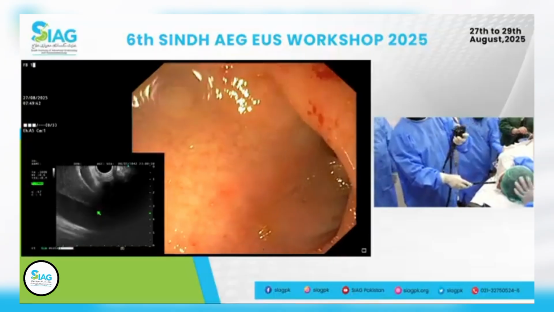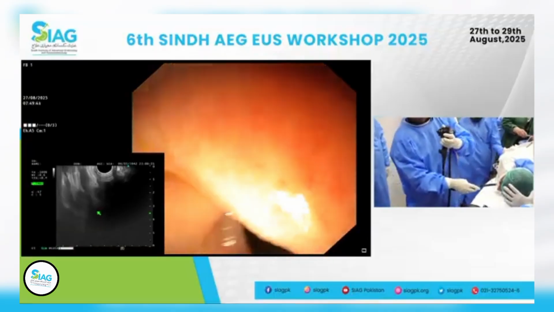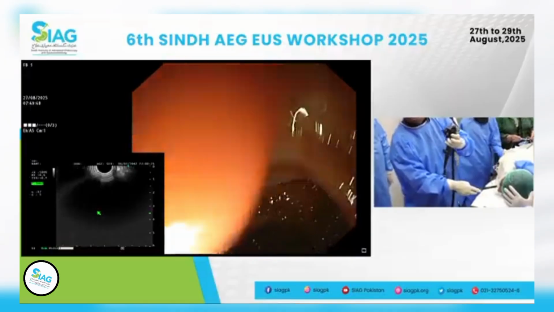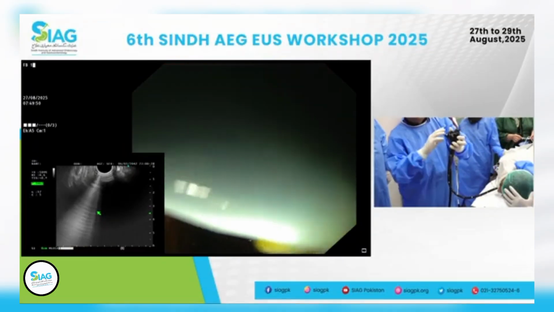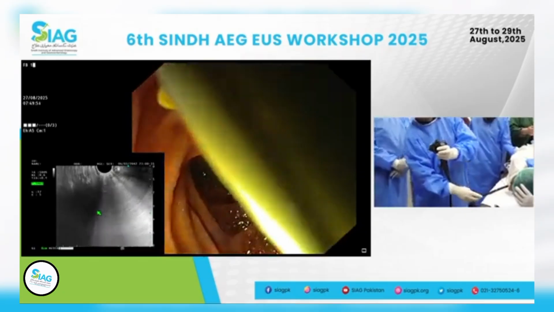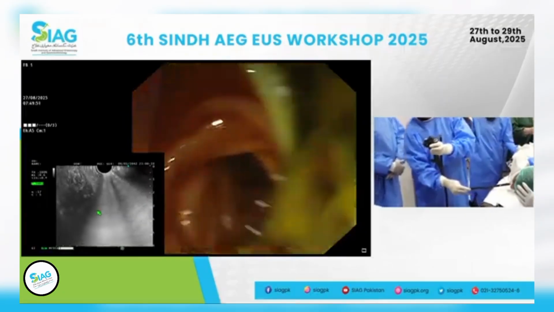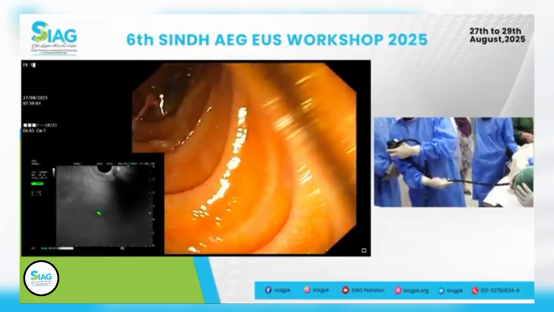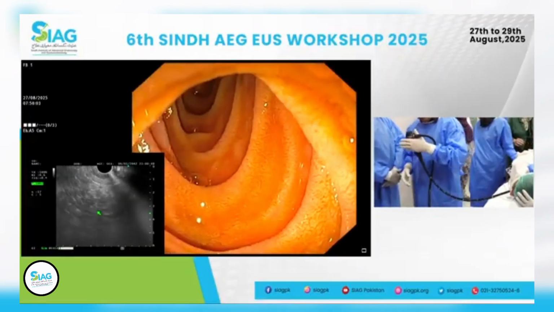So now we will go into the second part of the duodenum. I'm looking at the medial wall, guiding the transducer towards the lumen. We see the stent there. Once I get across the duodenal apex, I will shorten the scope just like we do in ERCP scope position.